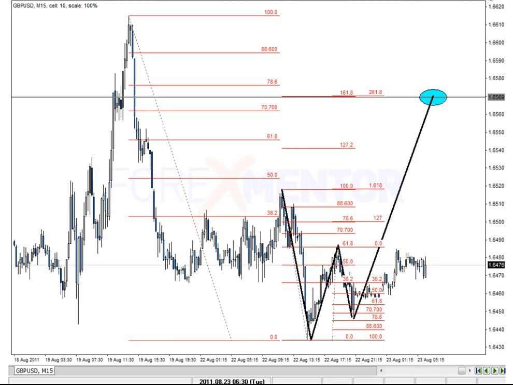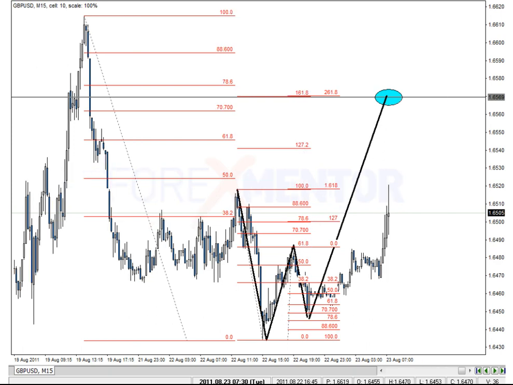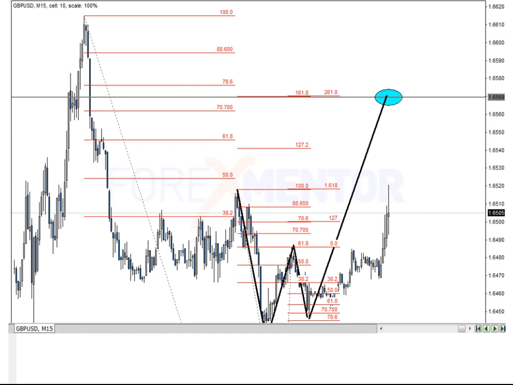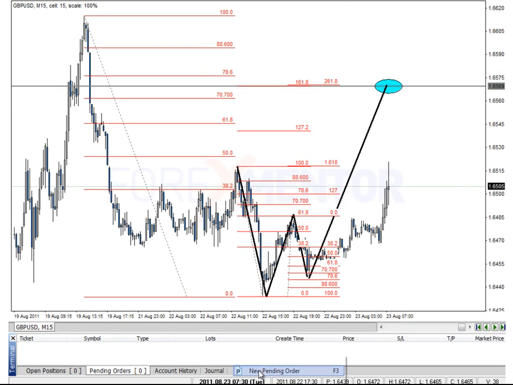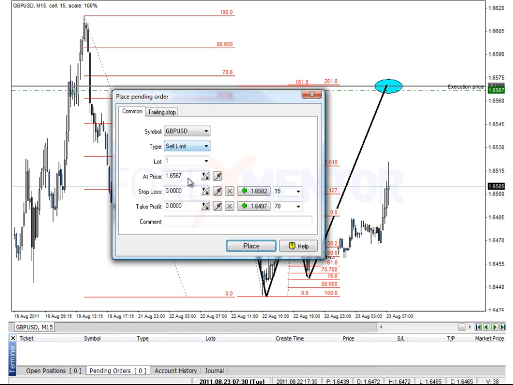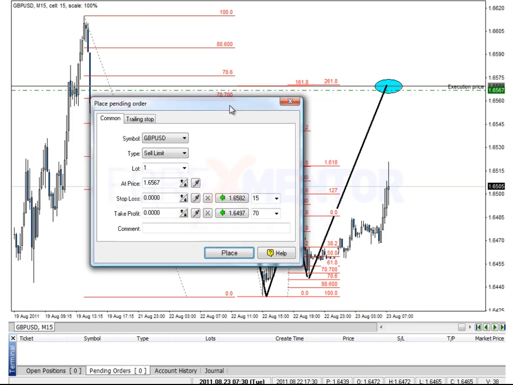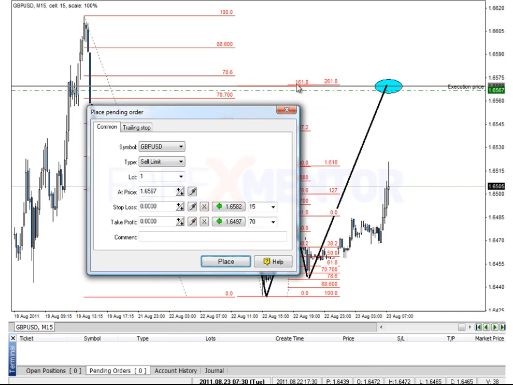So if we just follow price along here a little bit, we want to see what happens. So price starts to break above these highs. You can see it takes out the 79 level. I'm going to put an order to sell short. So put a new pending sell limit at, I wanted a few pips below here, so the area is about 69. I'm going to put it around 67.